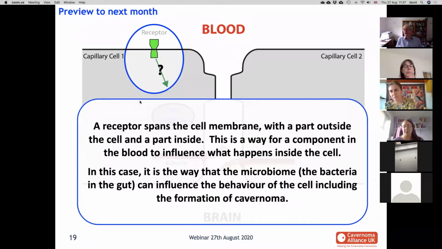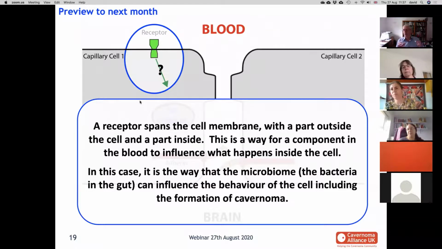There are many thousands of different types of bacteria in your gut, and each of us has a different set of bacteria. But it turned out that these mice didn't have the bacteria that were needed to form Cavernoma. And that opened up a whole new subject area. That's really the subject of the talk I shall give next month.